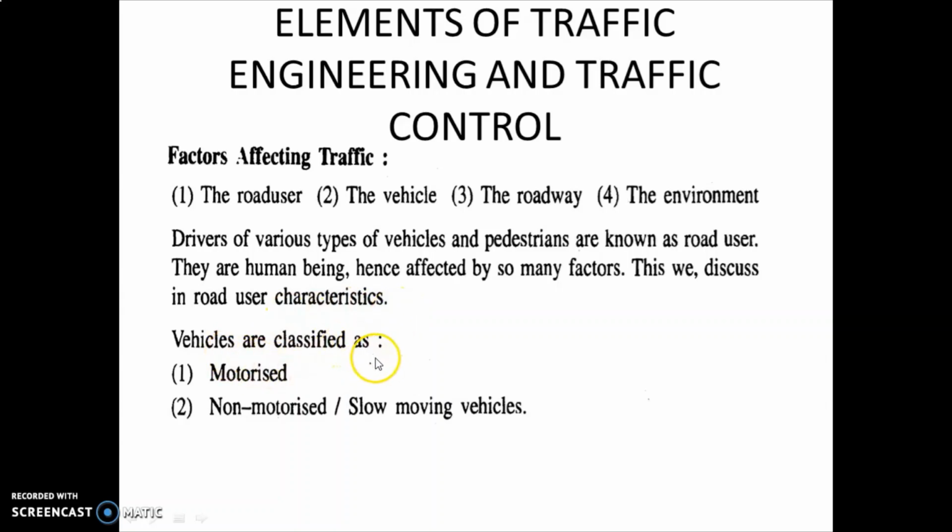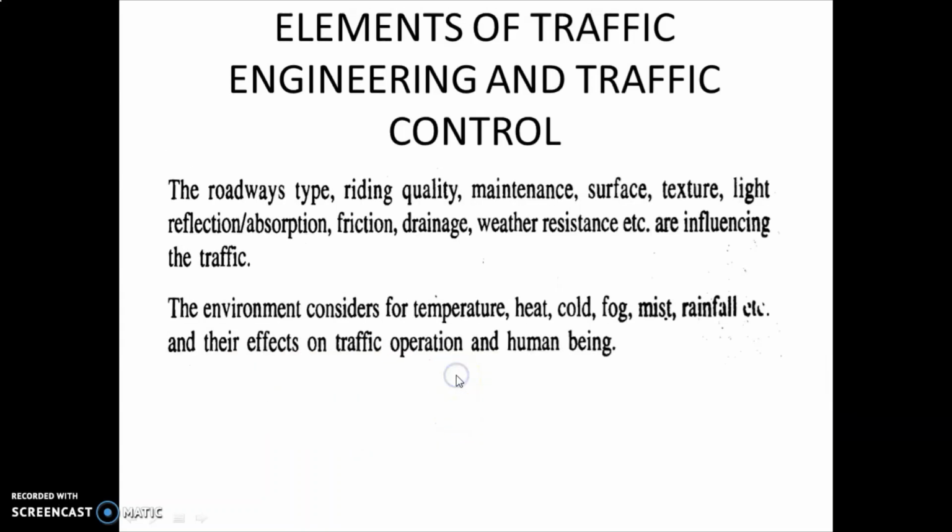Vehicles are classified as motorized as well as non-motorized, or you can say slow moving vehicles. The roadway type, riding quality, maintenance, surface texture, light reflection or absorption, friction, drainage, weather resistance, etc. are influencing the traffic.